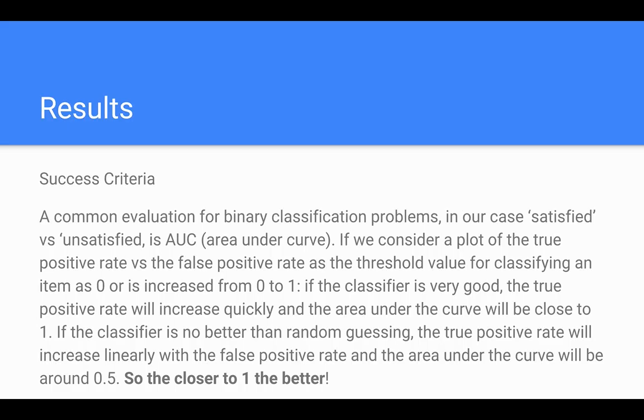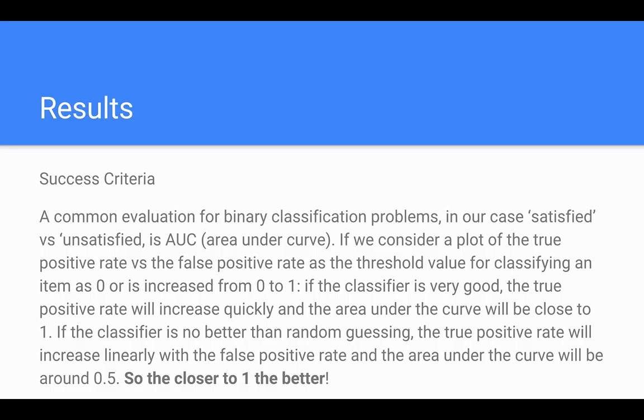So the results. How do we judge success? In Kaggle competitions, the most commonly used metric is called AUC, area under the curve. In our case, with a binary classification problem, satisfied versus unsatisfied, we're looking for an AUC score close to 1.